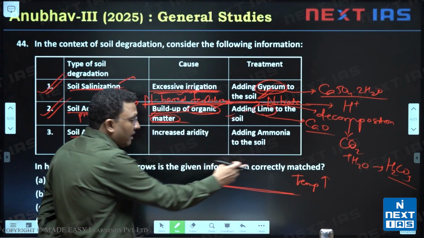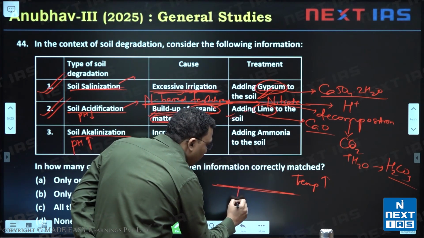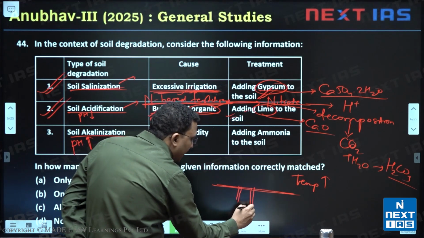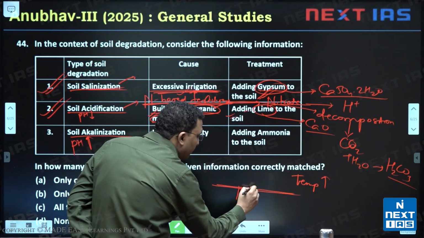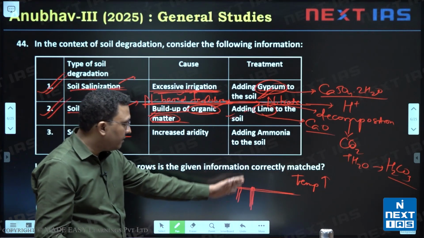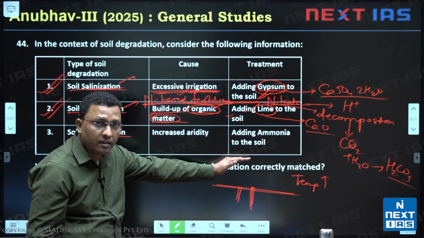Because of this high temperature, the osmotic pressure in the pores of the soil gets increased, right? Because of that, carbonates and bicarbonates leach upward, right? Pores get open and there is high osmotic pressure from below the surface to the surface level.